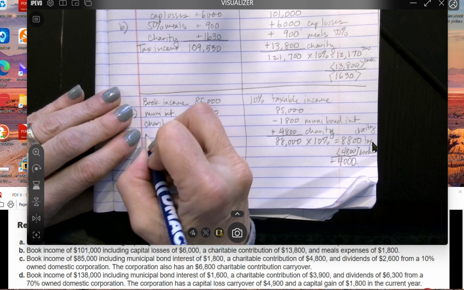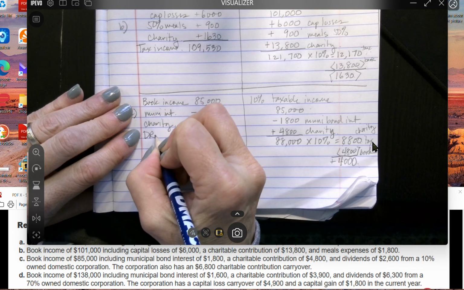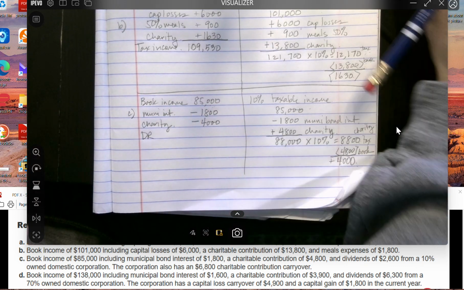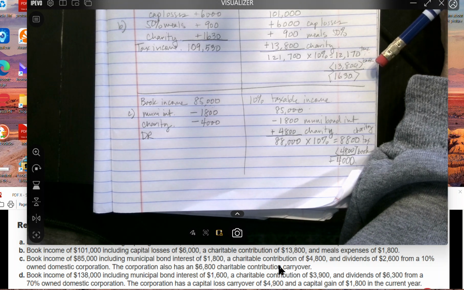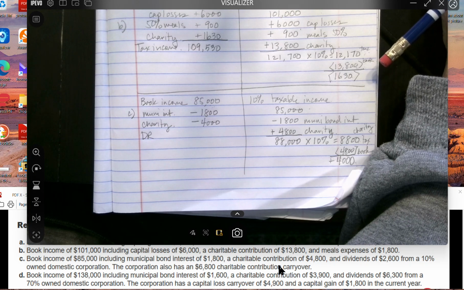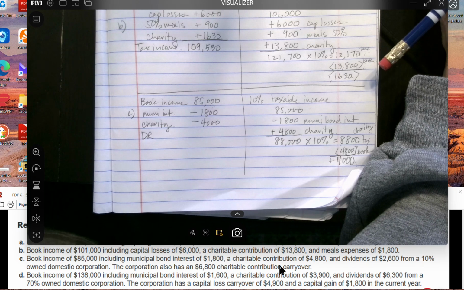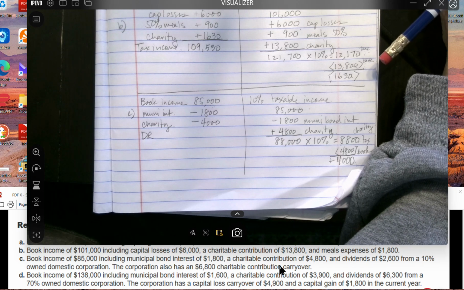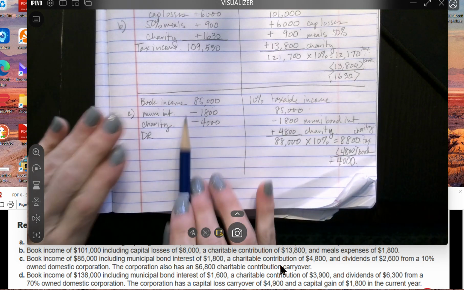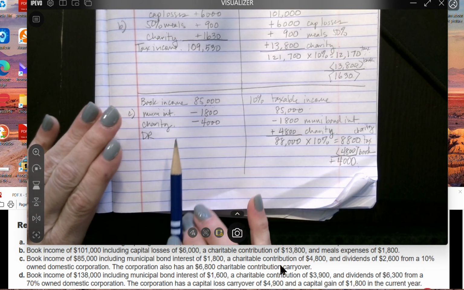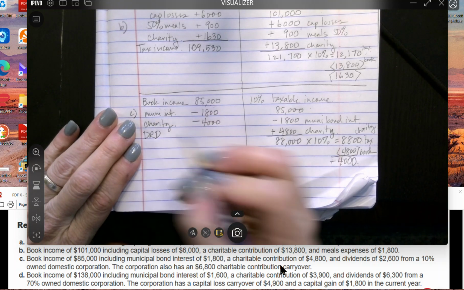dividends received deduction. And this is kind of funny because they put this in here. In reality, if you look at the first page of the tax return, you'll see that the dividends received deduction isn't really subtracted from taxable income. It's not on the M-1, but ultimately this is what our taxable income is going to be. So I know I say M-1 over here, but the dividends received deduction actually doesn't show up on the M-1.